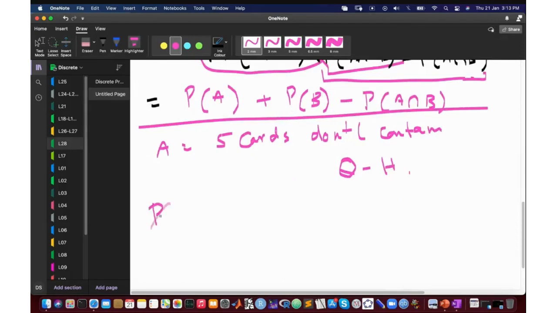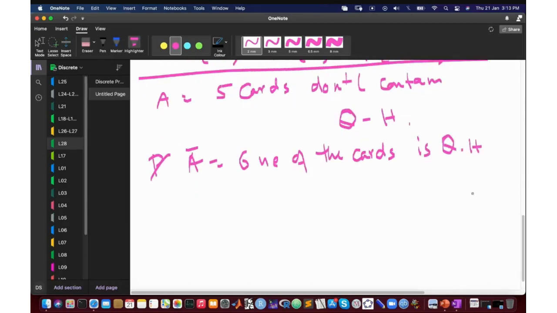So what is the A complement event? At least one of the five cards is the Queen of Hearts. Actually, this is not that hard to compute anyway.